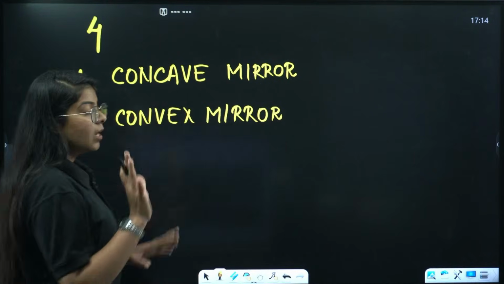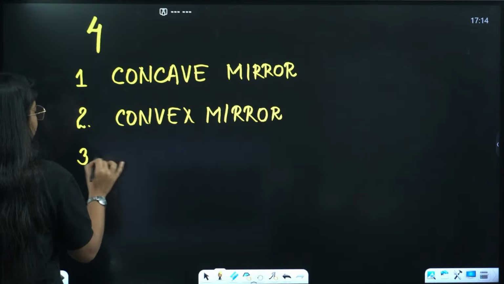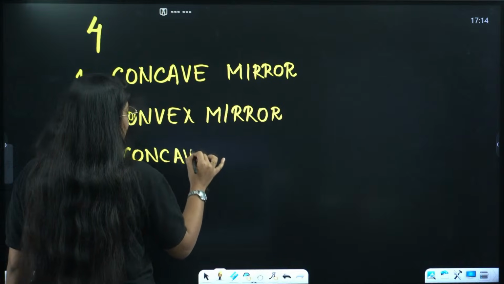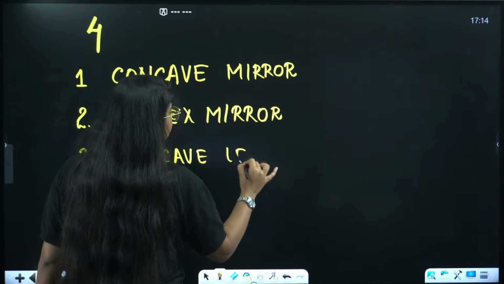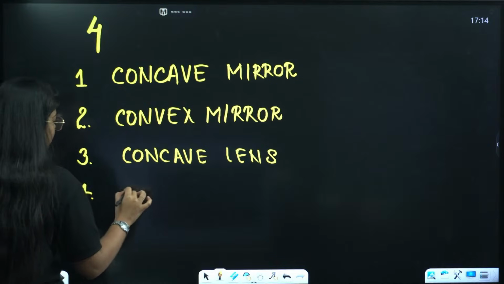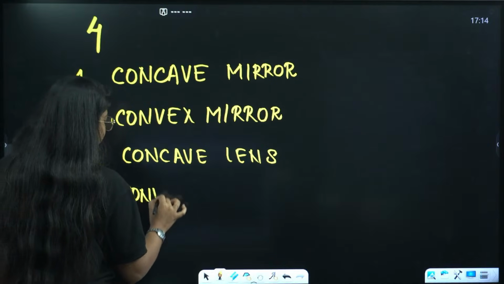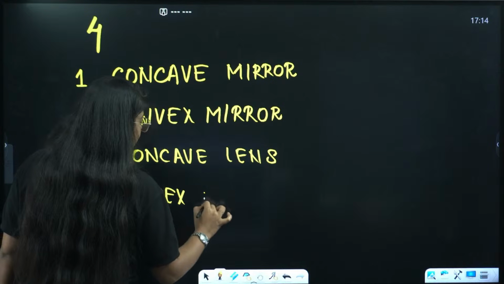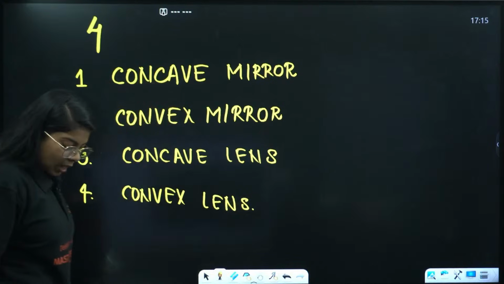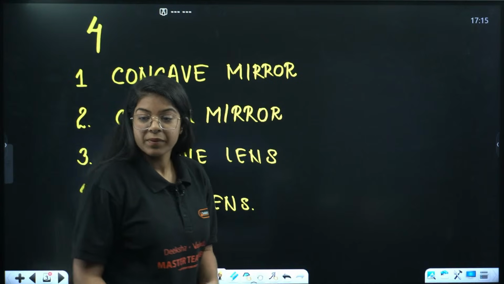Then we'll focus on that one. And third, we are going to look into again concave, but this time lens, right? Concave lens. And the fourth is the convex lens. Done? These are the 4 optical instruments that we are going to look into today.